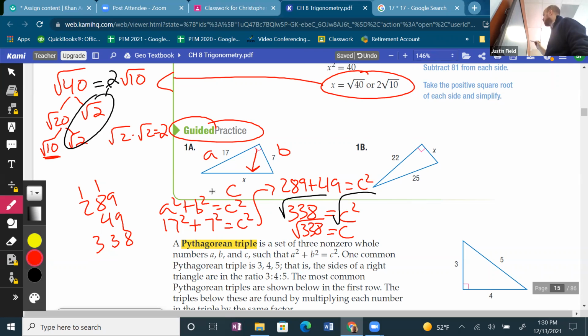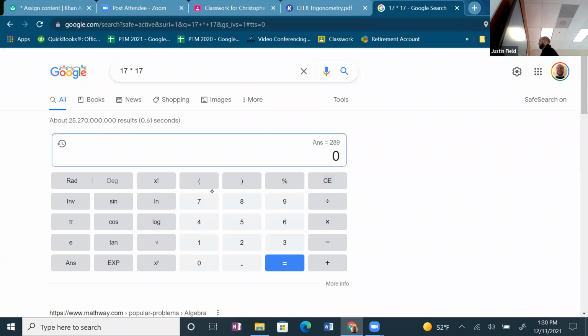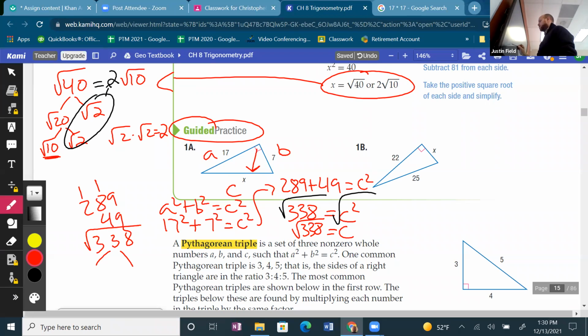So what about 338? What in the world can we break that down to? The square root of 338. What is 338 divided by 2? 338 divided by 2 is 169. Amazing. So the square root of 2 times the square root of 169.